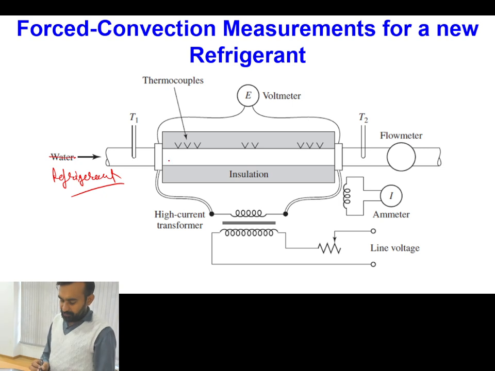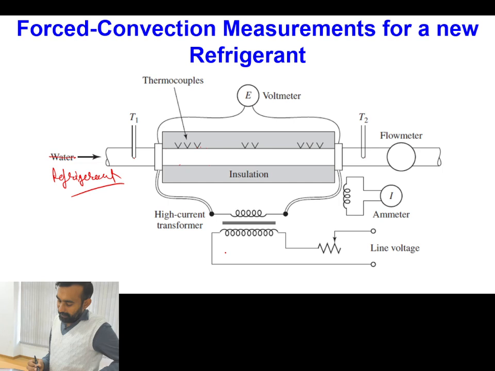The refrigerant will be going, and T1 and T2 are the inlet and outlet temperatures, and these thermocouples over here represent the wall temperature. This test section is subjected to some potential and is heated, and we are using some variable supply over here.